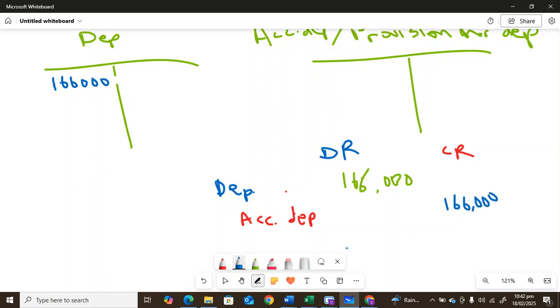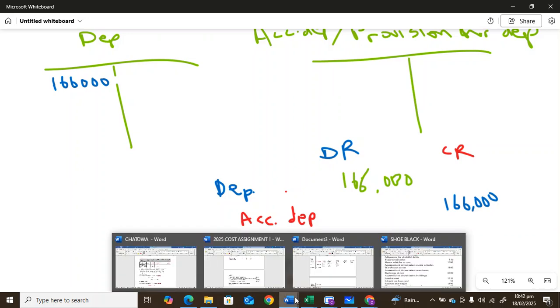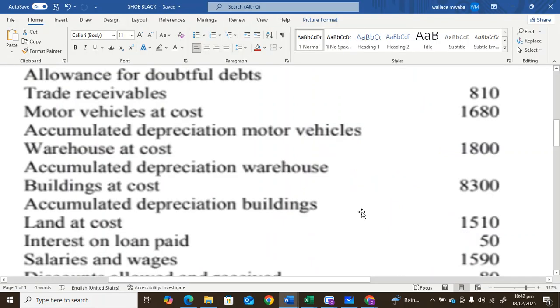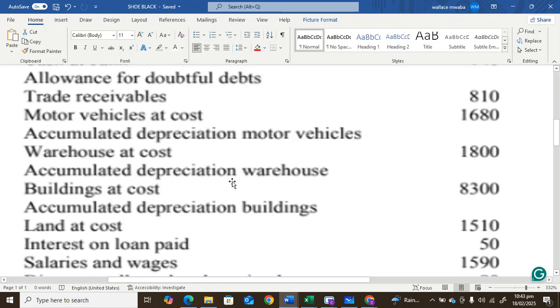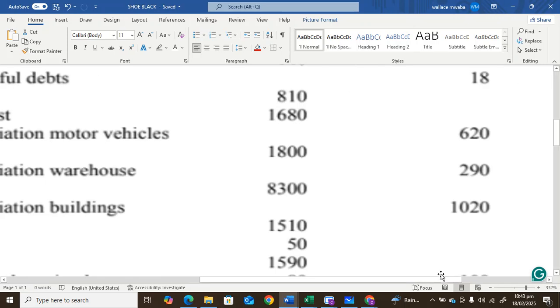Let me just check on the question if we've got an amount for the provision for depreciation. So it's for buildings that we are calculating. Buildings at cost, accumulated depreciation buildings 1,020,000. So this amount is already existing here.